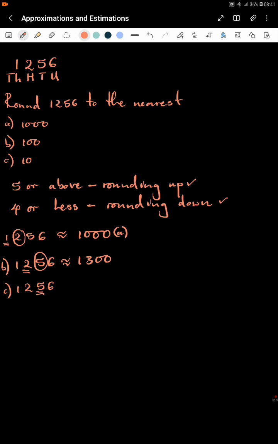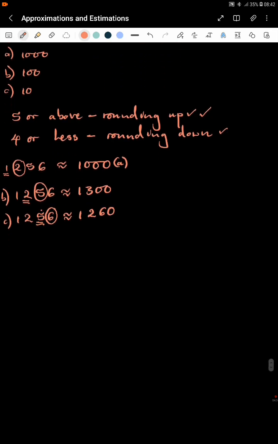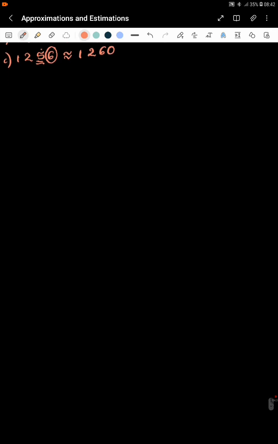So you look at the digit to the right, and in this case it's 6, and 6 also falls under rounding up, which means when you round up, you're going to the higher 10, which means from 50, the next 10 or the higher one is 60. So your answer is going to be 1260.